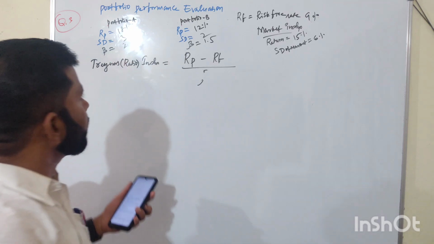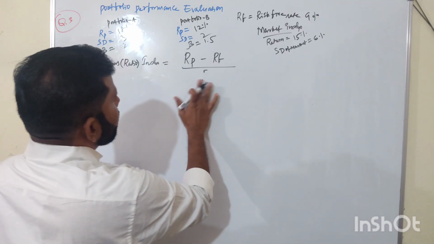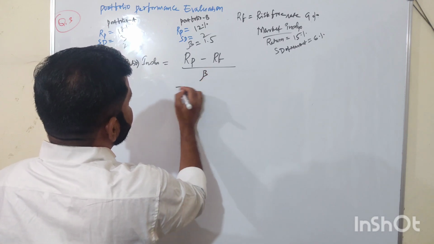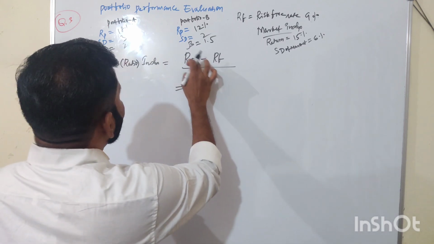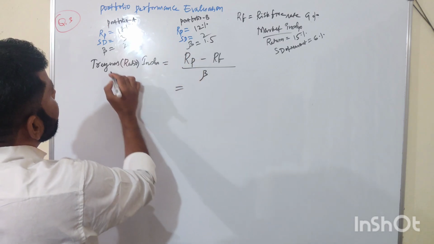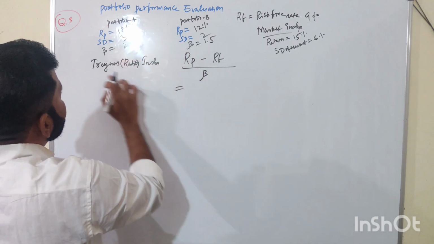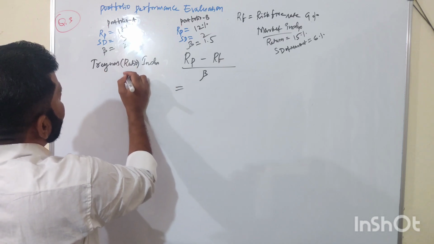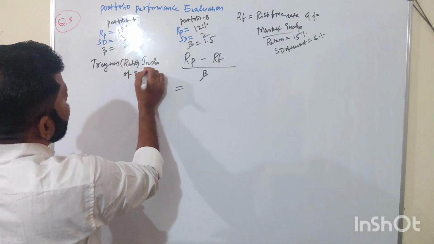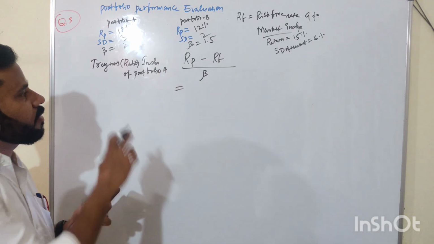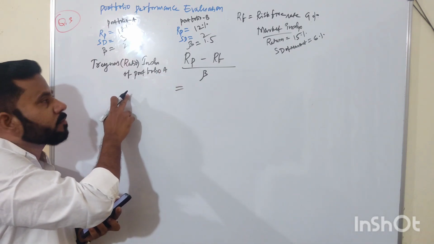Okay, let's calculate Treynor's ratio. So instead of taking the standard deviation, we have to use beta. Treynor's ratio index of portfolio A, like this we have to write, because we are finding separately.